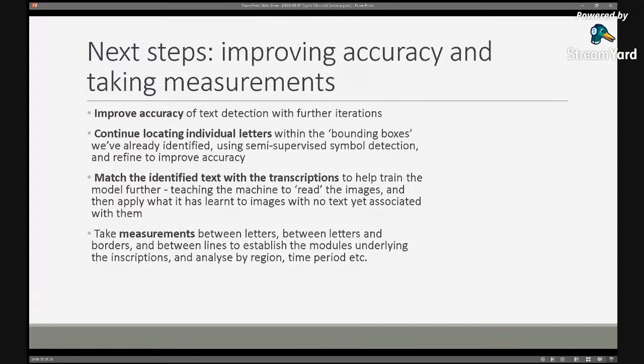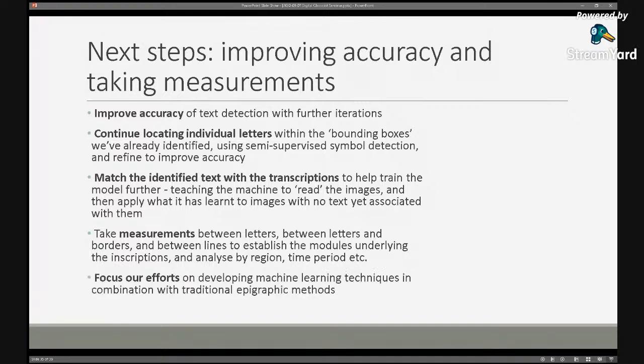We're absolutely not expecting to find that modules underlay some of the inscriptions, but we do think that it's possible that we might be able to do some interesting work in identifying at least some areas where inscriptions were being planned out, and then look at how that was happening and whether or not they match the kind of ratios that were identified by Grasby and other people who've worked on this in the past.